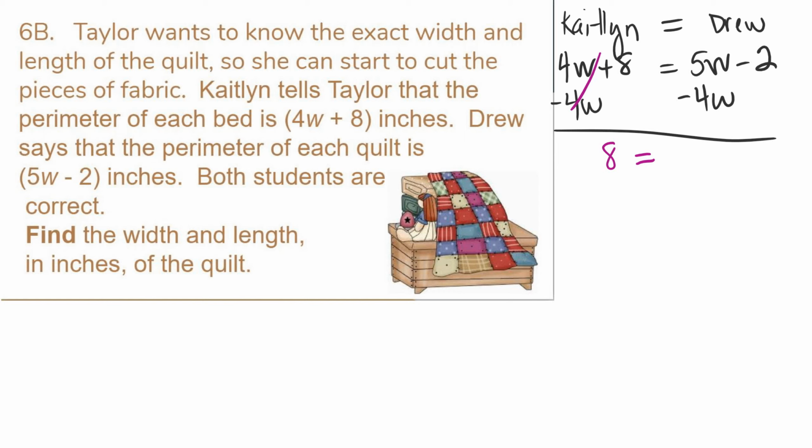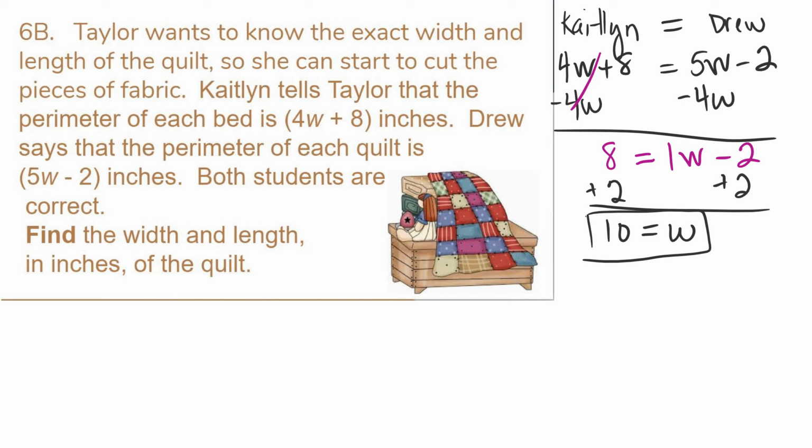On the other side, 5W take away 4W is 1W. I'm going to solve for W, so I'm going to add 2, and I get 10 is equal to W.